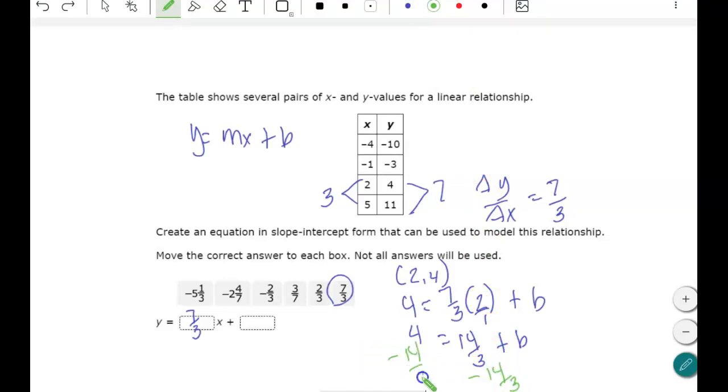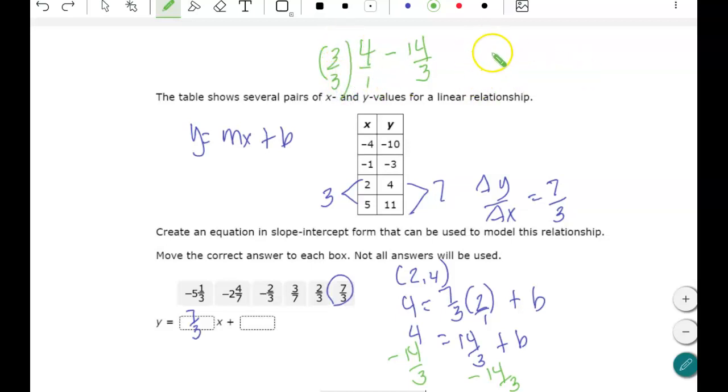Now here's where it gets ugly with our fractions. This is what we have: 4 minus 14/3. We have to change this 4 so it has a denominator of 3, so you can multiply it by 3 over 3.